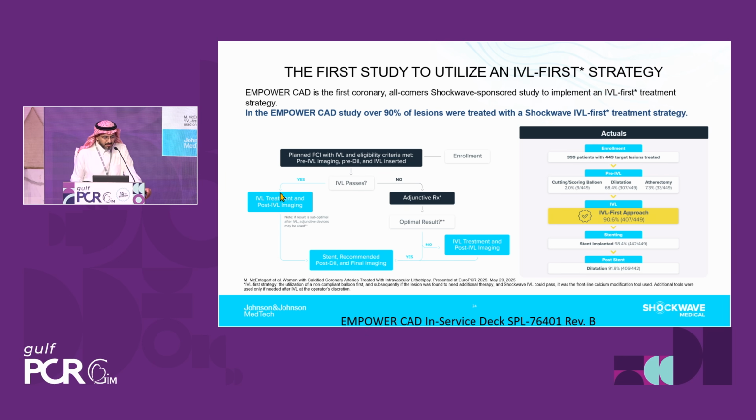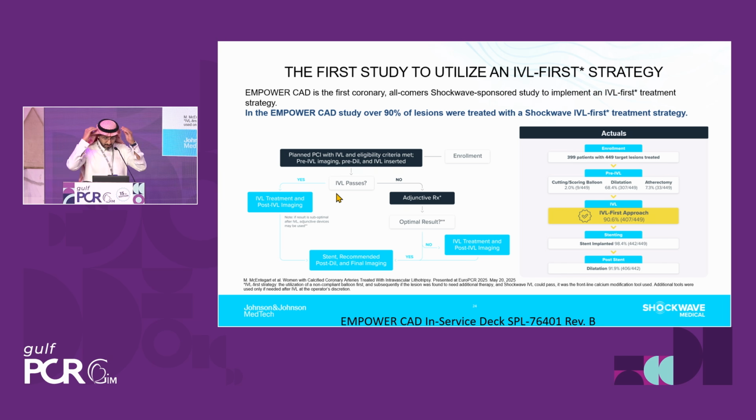If yes, IVL treatment and post-IVL imaging, and then stenting. If no, adjunctive therapy or modality, optimal result. If yes, we can go to stent. So IVL can be used as a bailout to the adjunctive therapy when the IVL does not pass.